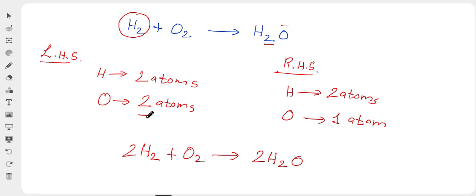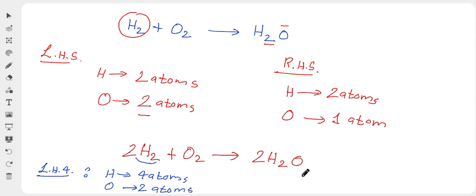I am going to see that hydrogen has total 4 atoms. Yes, 2 twos are 4. Multiply this 2 by this 2, it is equal to 4. And now let's discuss this oxygen. This has 2 atoms.